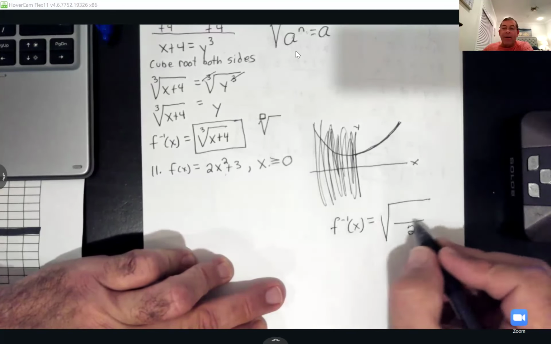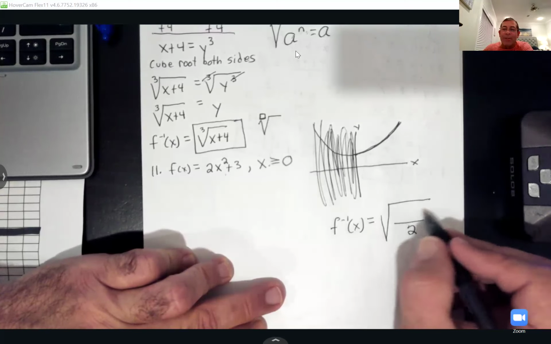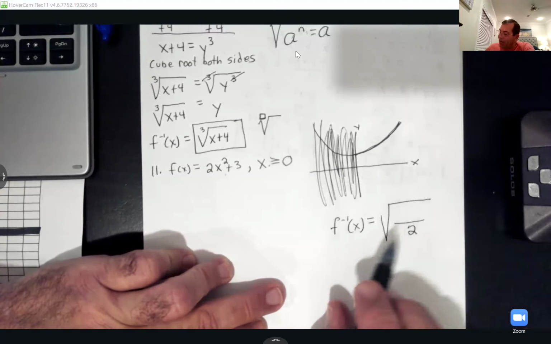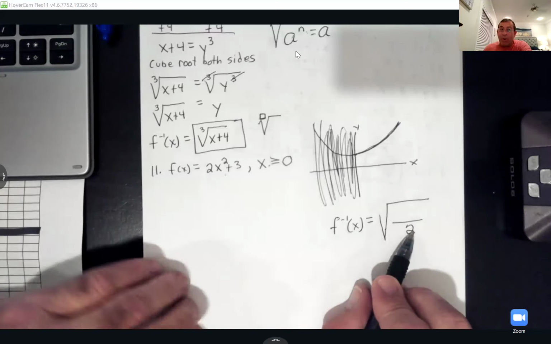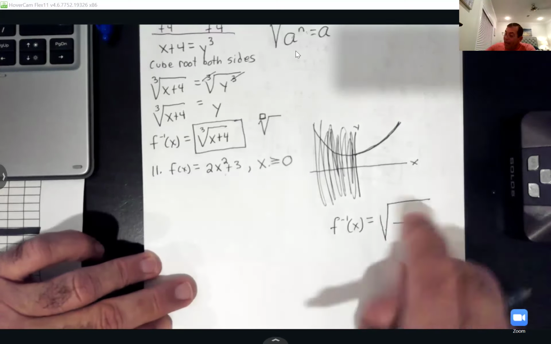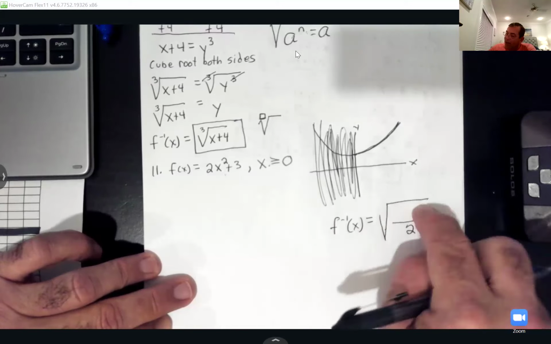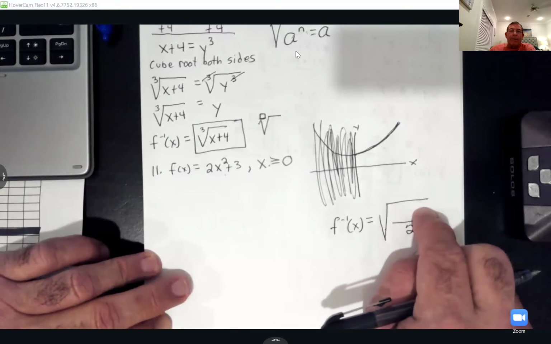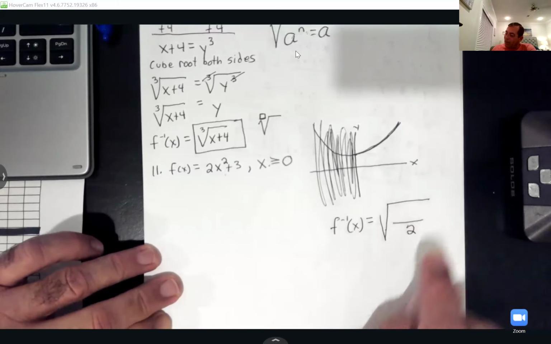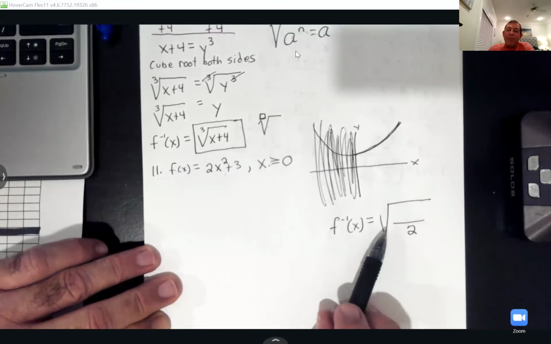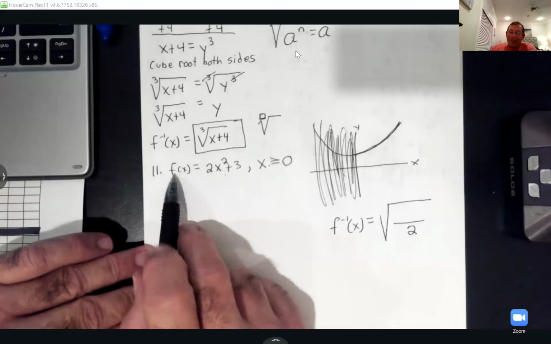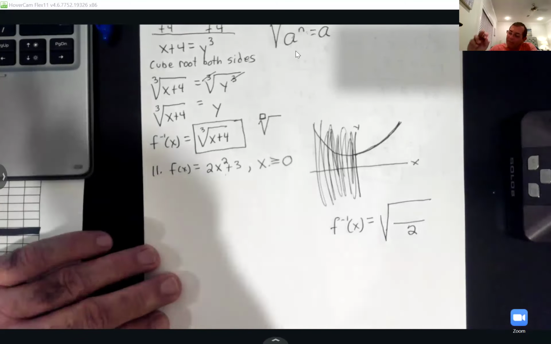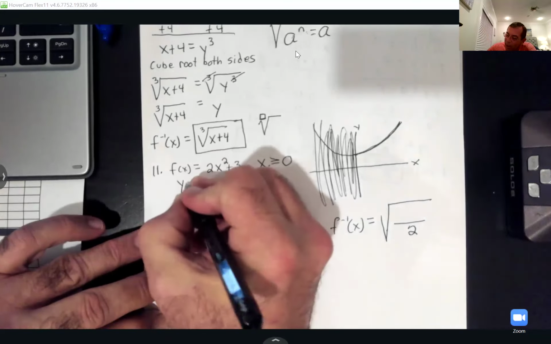All we got to figure out is what goes on the top of this fraction. They're giving me the square root in the answer already. They're giving me the 2 on the bottom already. All we got to do is fill in what's going here. So y'all, when we get done, we better look something like that, okay? So the first step, replace the f of x with a y.